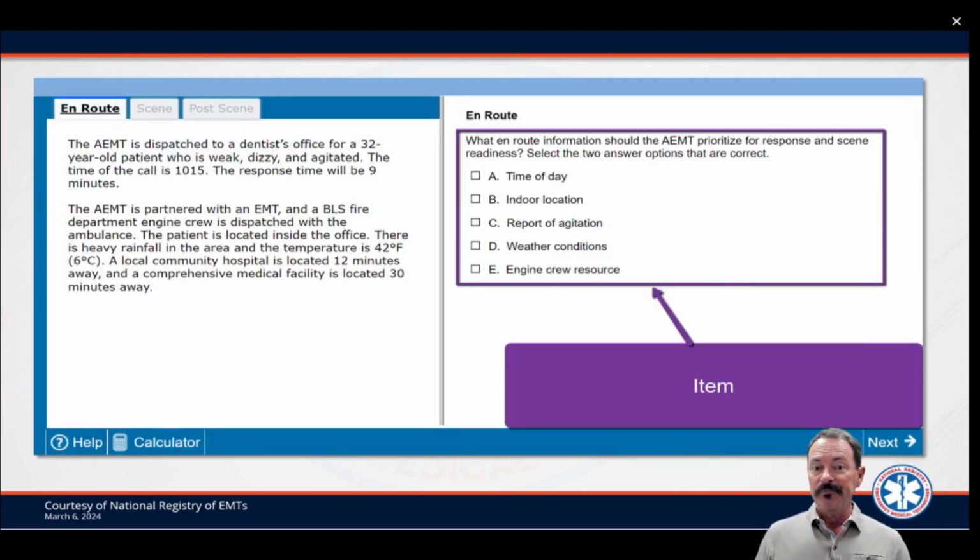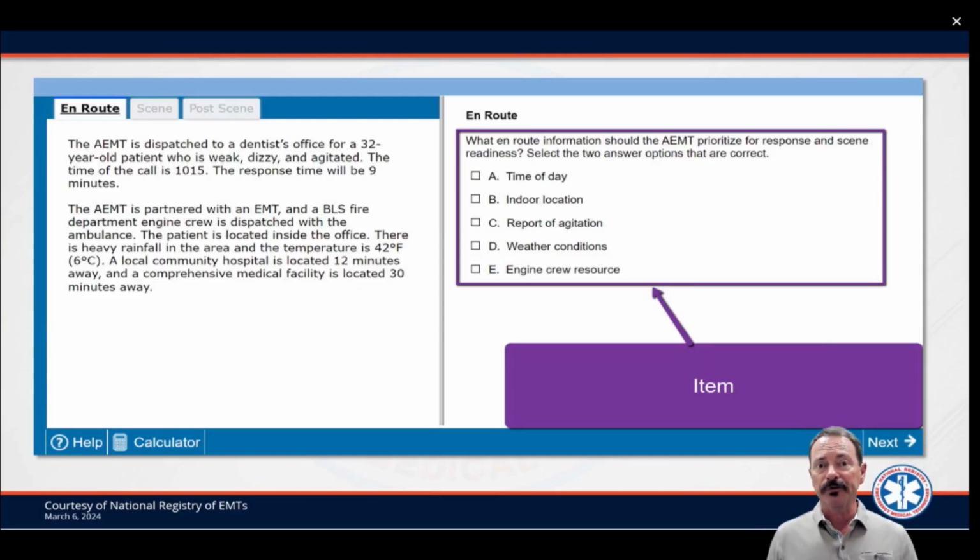Okay, so here are the items that they give us. The answers would be time of day, that it's an indoor location, the report of agitation, the weather conditions, and then the engine crew resource. So we've got to pick the 2 that are most correct in this given situation.